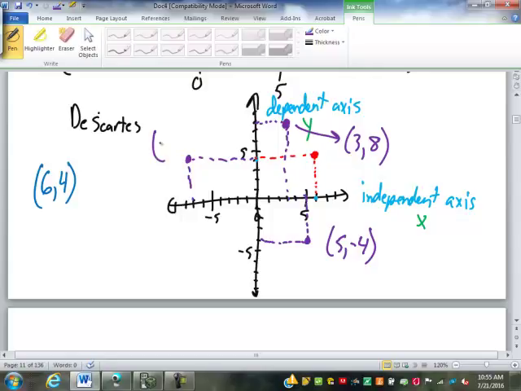What's the first number? Careful. The first number would be -7. 4 would be the second number. That is the single biggest mistake I see people make, they mix up the order. When you're doing the location, it's always the horizontal first, the independent axis first, and then the vertical, or the dependent axis.